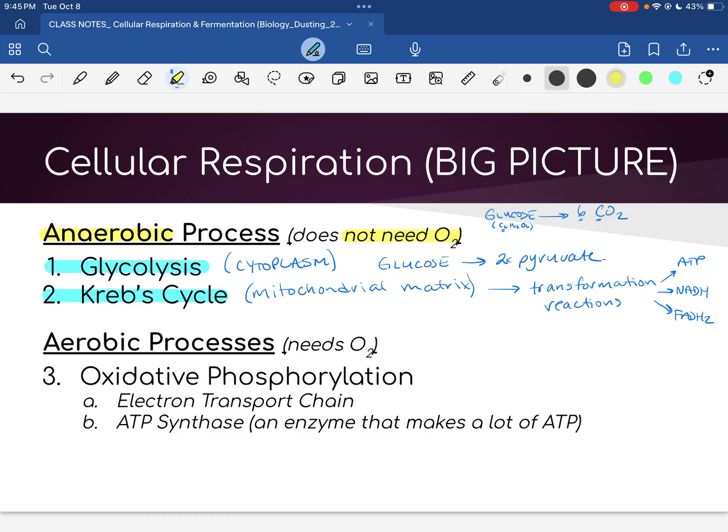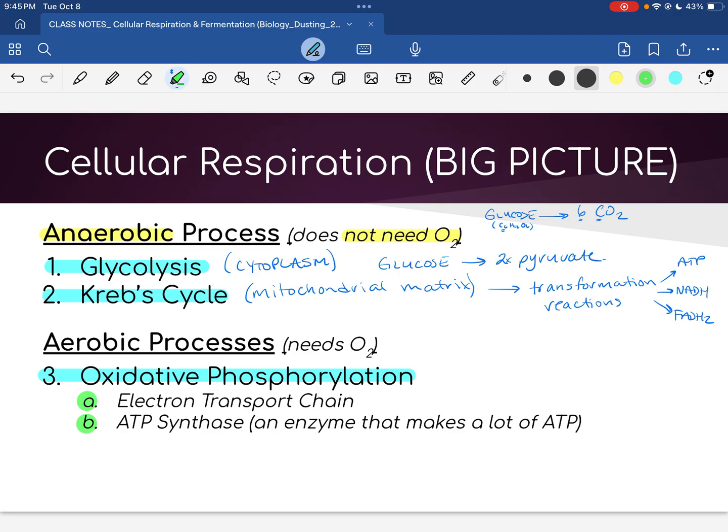Okay, and then the final step of cellular respiration is called oxidative phosphorylation. And it has 2 parts that go with it. There's the electron transport chain, and there's ATP synthase. And we'll break this down a little bit more once we get into the actual process of oxidative phosphorylation.